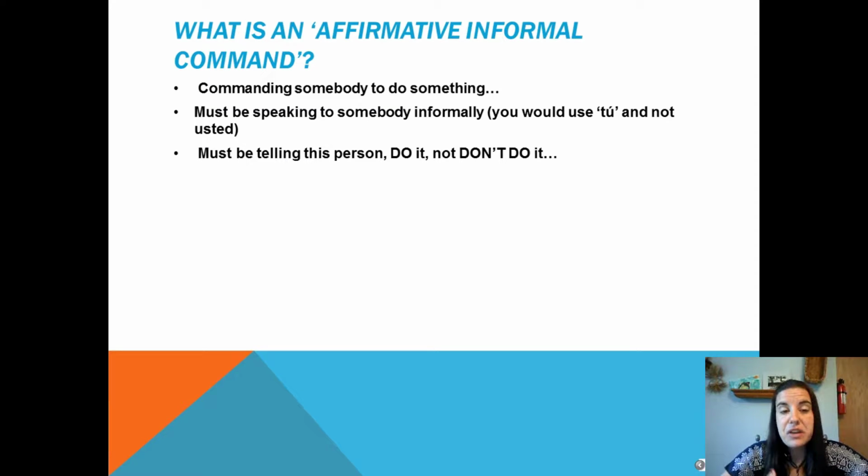And the last part, the affirmative part, is that you have to be telling somebody to do it, not don't do it. So it has to be the affirmative, do this. The don't do this in Spanish takes a different form. That's why we have to break it down. Affirmative, informal command.